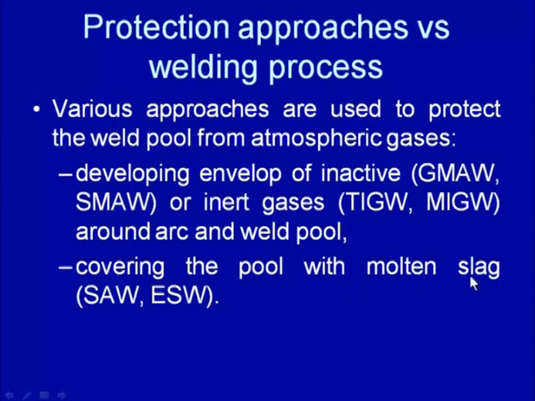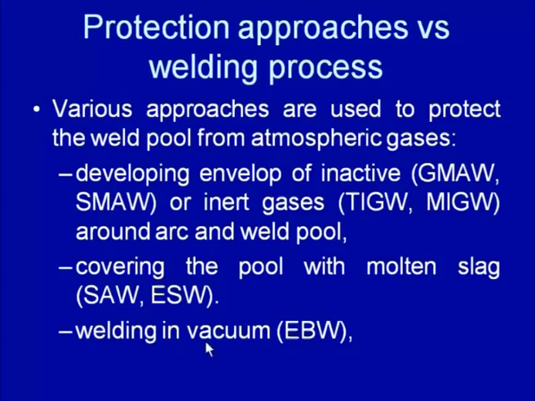So, the formation of the molten flux pool protects the molten metal coming from the electrode and from the base metal. So, the molten flux and molten slag approach is used to protect the weld pool in submerged arc welding and the electroslag welding process.